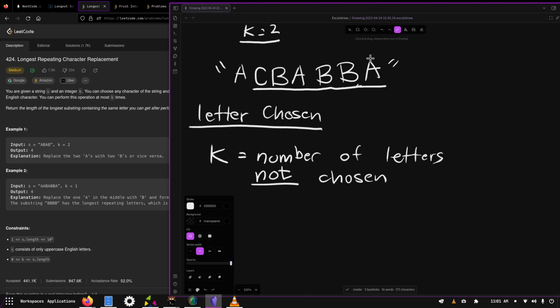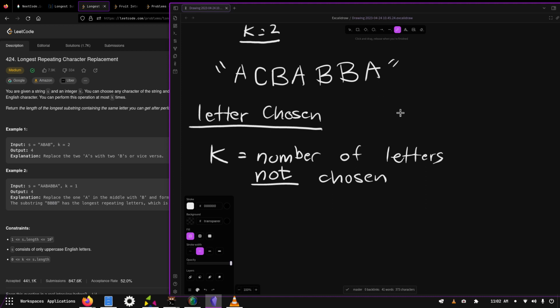We have 3 non-letter chosen characters. K is equal to 3. So we would adjust our sliding window such that this is our sliding window. And at this point, there are no more characters. So our algorithm would terminate and we'd return the length of the largest window we'd seen so far, which is this one or the previous one we'd seen with C and not A. That would have a length of 5.